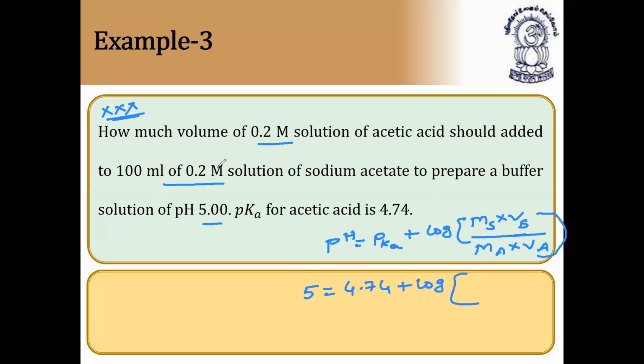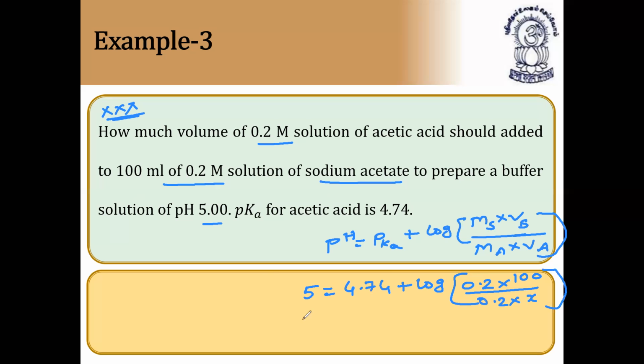molarity of salt. What is the molarity of salt? Here the salt is sodium acetate. So 0.2 into the volume of salt, it is 100 ml, by the volume of acid we have to find, into the molarity of acid 0.2 into x, and from this we have to find out x.